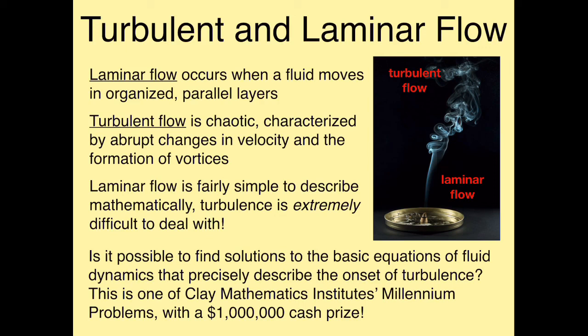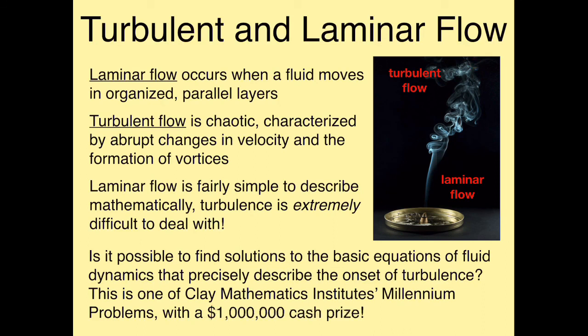On the other hand, turbulent flow is chaotic and disorganized. It's characterized by abrupt changes in the velocity of the flow and also the formation of vortices, where the fluid seems to spiral in on itself like a vortex. We can see the turbulent flow happening over here. Now, laminar flow is pretty simple to deal with mathematically.